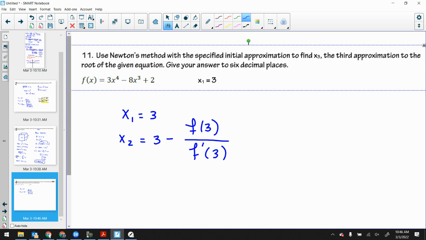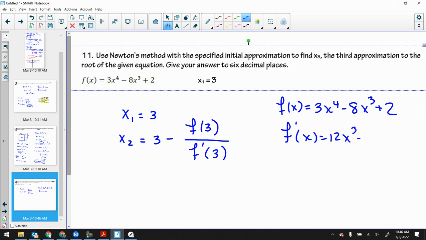We just got to figure out what f and f prime are. Well, f is 3x to the 4th minus 8x cubed plus 2. So therefore, f prime is going to be 12x cubed minus 24x squared.